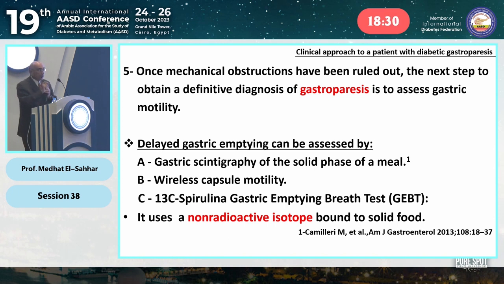However, the gold standard is gastric scintigraphy of the solid phase of a meal. So I will ask for this on my request: query gastroparesis, the patient had the following symptoms, I did endoscopy and radiography for him, there is no gastric outlet obstruction, please for gastric scintigraphy of the solid phase of a meal.